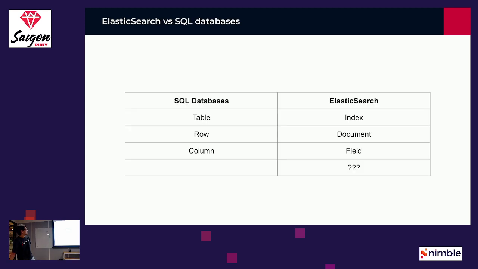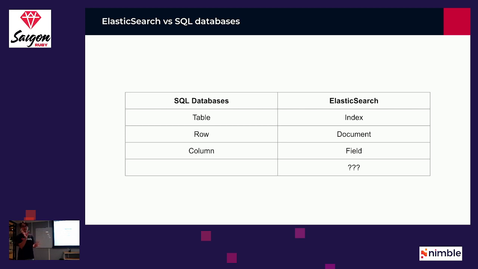All right. If you have to draw some analogy to a traditional SQL database, this is not a perfect analogy, but I think it is good enough. In a traditional SQL database, you have a table, which is the primary unit of data. The equivalent in Elasticsearch is the index.